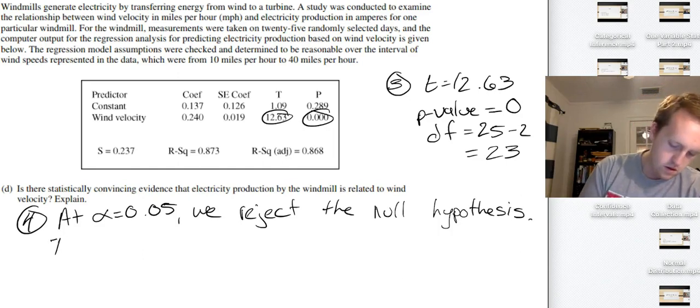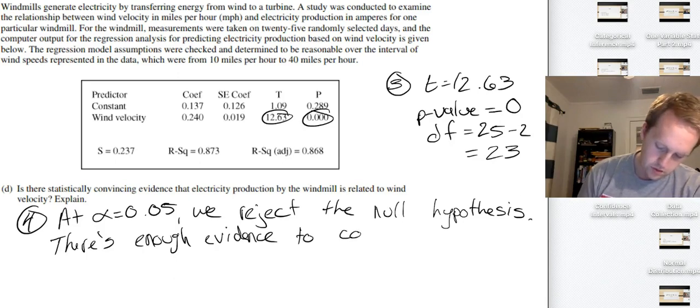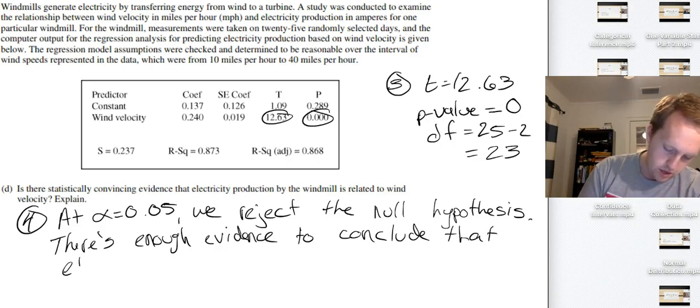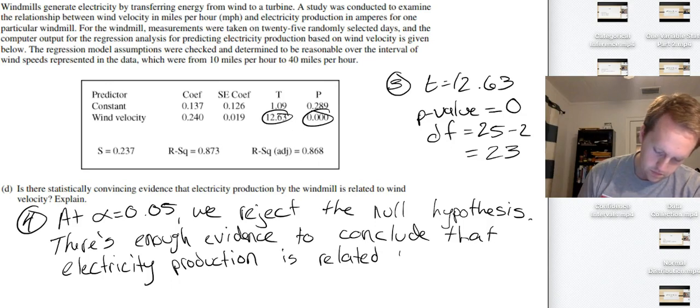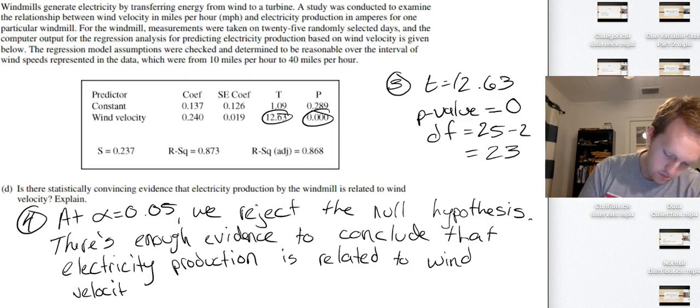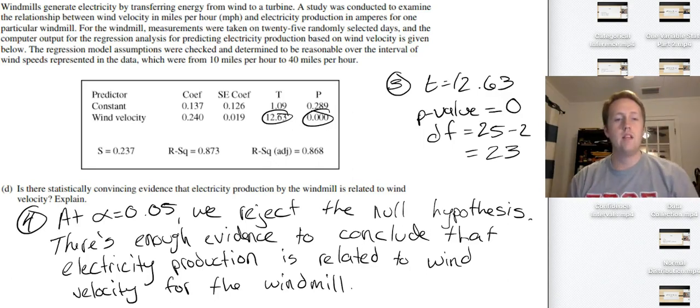There's enough evidence to conclude that electricity production is related to wind velocity for the windmill. Okay, that's all she wrote.